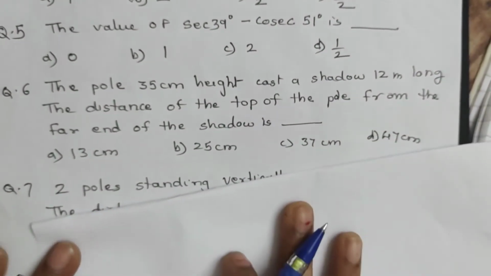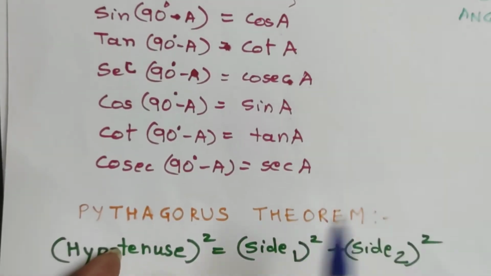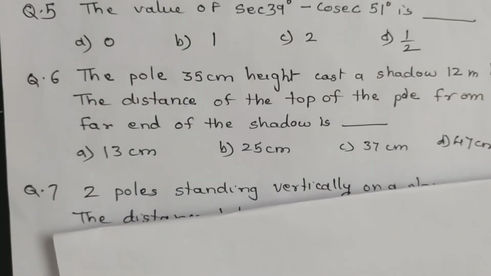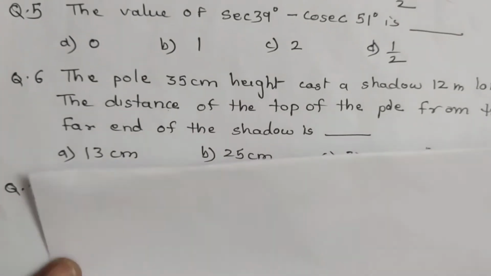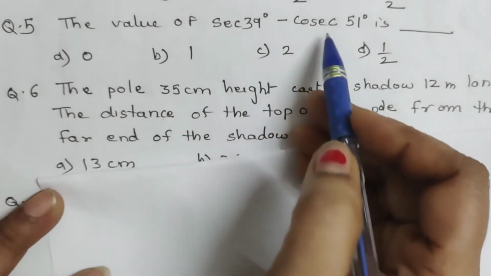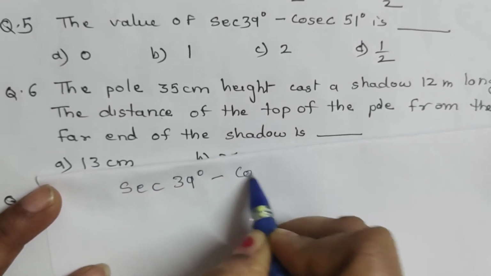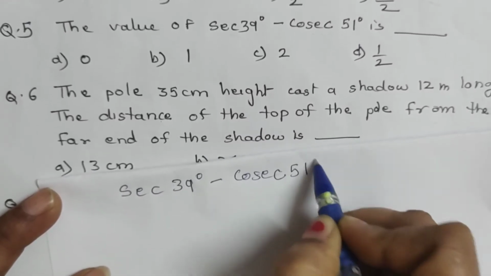So for this, we take the trigonometric ratios, that is cosec 90 minus A is equal to sec A. So this value we have to substitute in this equation, that is sec 39 degree minus cosec 51 degree.